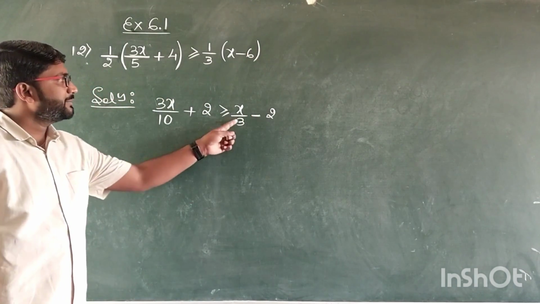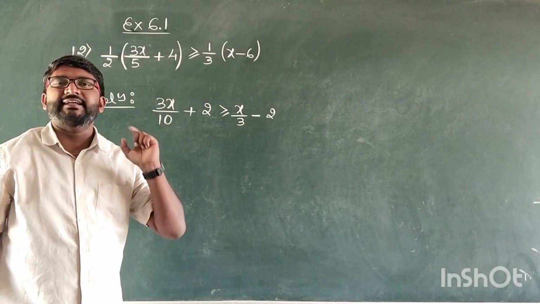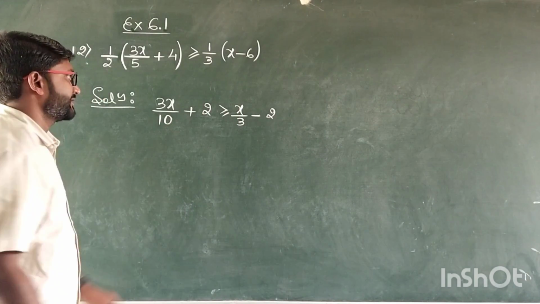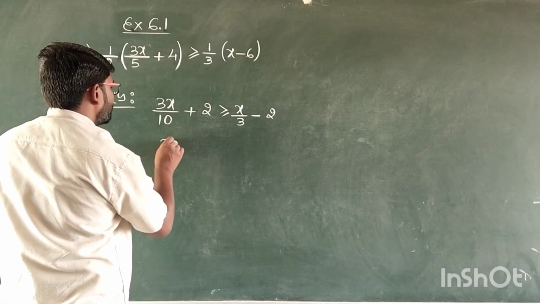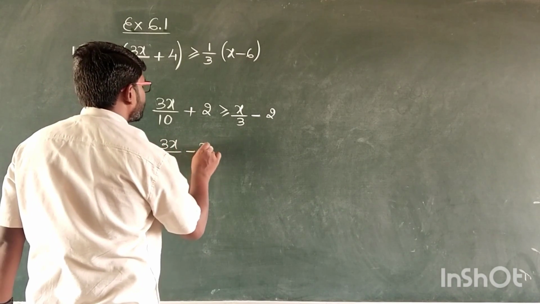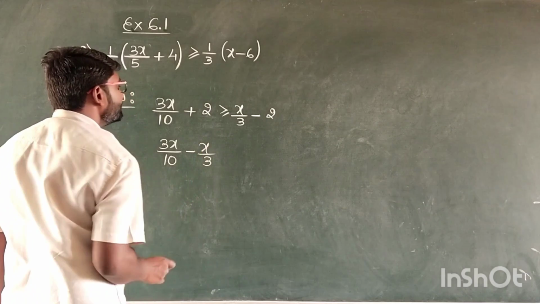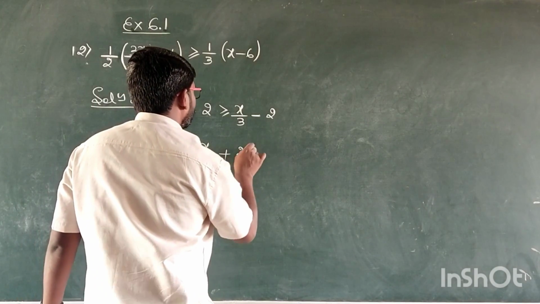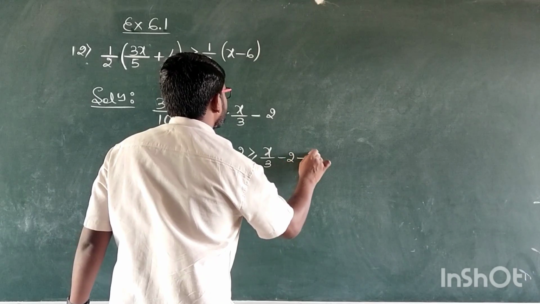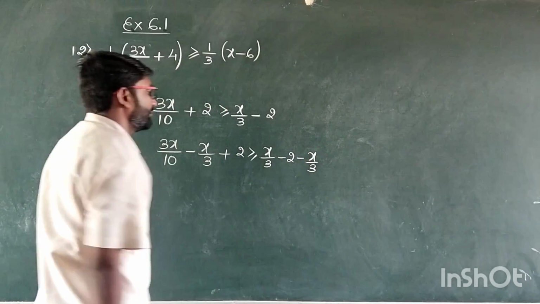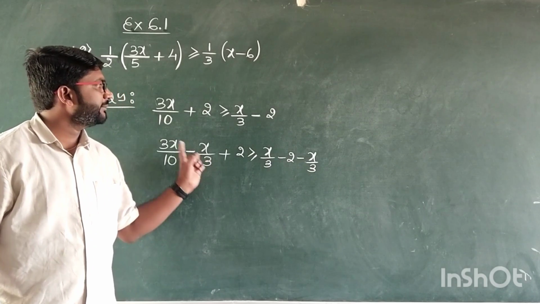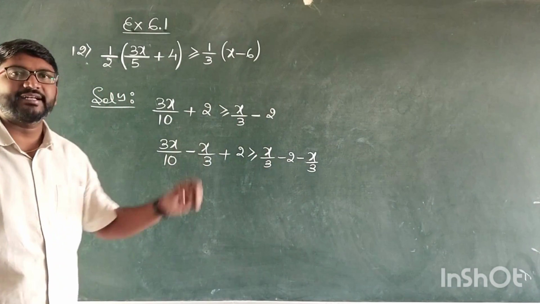So, now x by 3 is an extra term in the right hand side. So, in order to eliminate that, both the sides we need to subtract x by 3. So, 3x by 10 minus x by 3 plus 2 greater than or equal to x by 3 minus 2 minus x by 3. So, what we have done in this step, we are subtracting x by 3 both the sides, remaining terms have been written as it is.